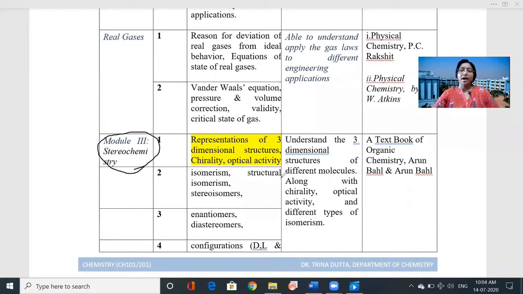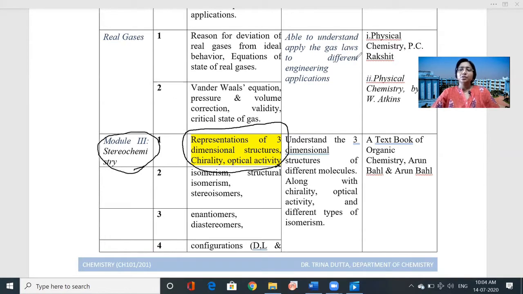Today I will take the first lecture, which is highlighted already: representation of three-dimensional structure, chirality, and optical activity. From this lecture, you will understand the three-dimensional structure of different molecules along with chirality and optical activity.